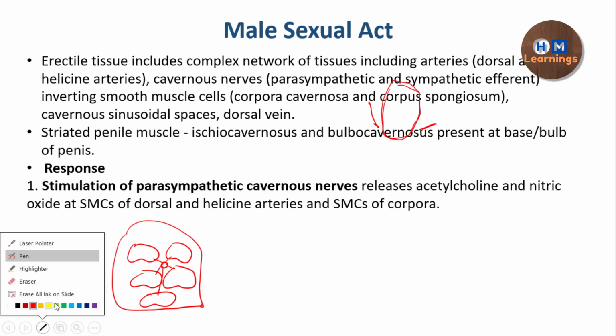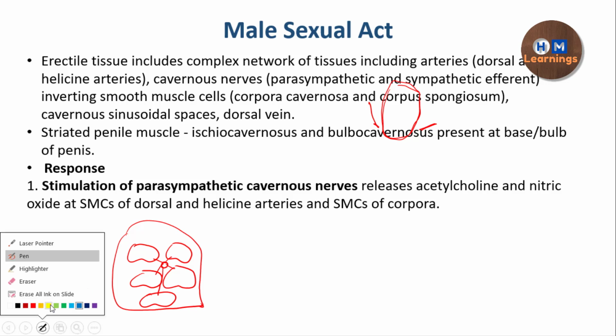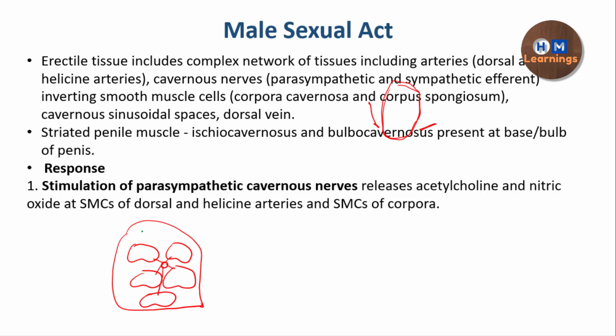Let's take green. The green one is the parasympathetic cavernosus nerves. These nerves are supplying the arteries, the artery branches, and they are also supplying the smooth muscle cells.